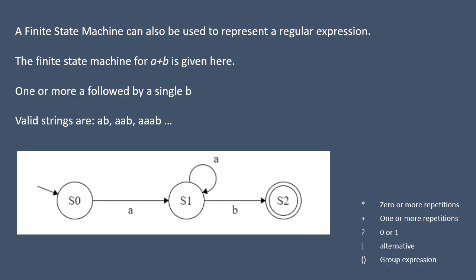If we're starting at state 0, S0, our string has to start with a single A. We can then have as many A's as we wish. So you can see at state 1, we've got as many reoccurrences of A as we would like to have here. And then our string has to end with a B to get to our accept state, state 2, S2 here.